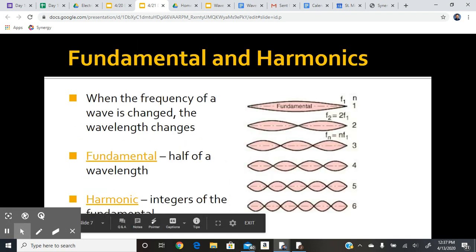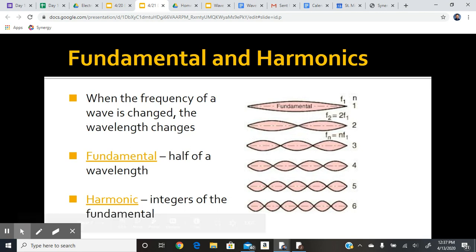He talked about fundamental frequencies and harmonics. So when he had that string going with just one big bump, I sometimes call all these numbers over here the number of bumps on a wave.